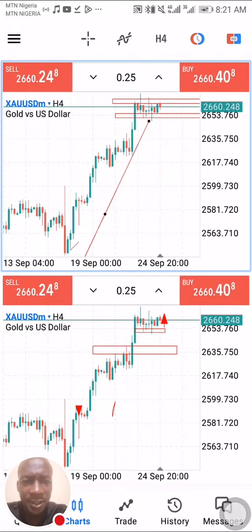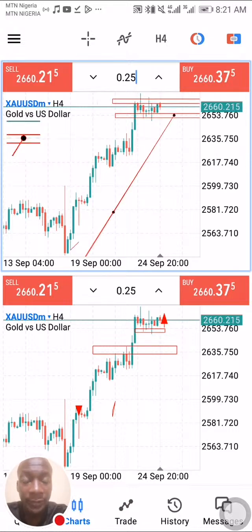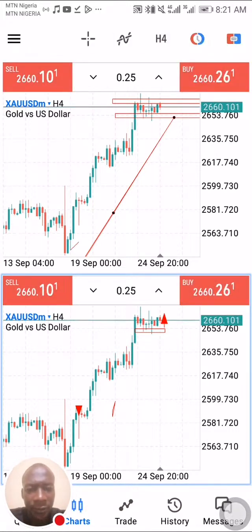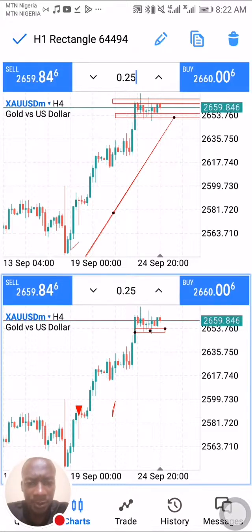And this is our support. The same principle, you can see multiple weak rejections. Price is not breaking below the level, and that was why we drew out this support. So what can we see after we mark out that level? Let me do that here too, so that it will be more pronounced.